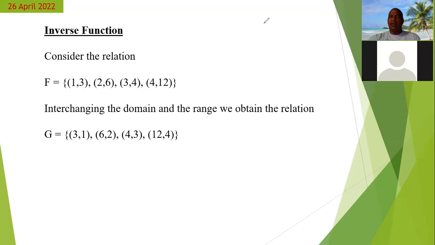All right, so these are just the ordered pairs based on f and its inverse g, but we are going to now look at what inverse functions are like. We can say g is the inverse of f, and instead of writing the inverse function as g, we will write it as f raised to the negative 1.